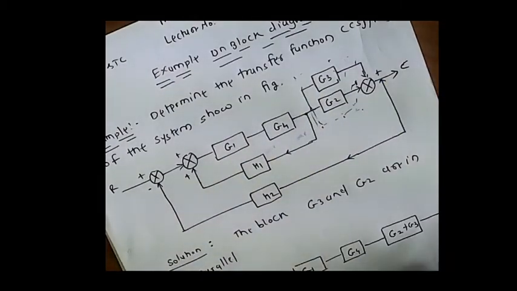After solving, we get G2 plus G3, in addition. Then this summing point is removed, so we can solve the first block when these two blocks are in parallel.